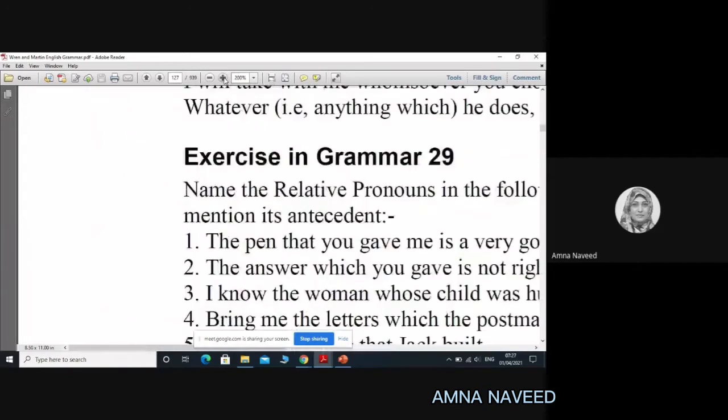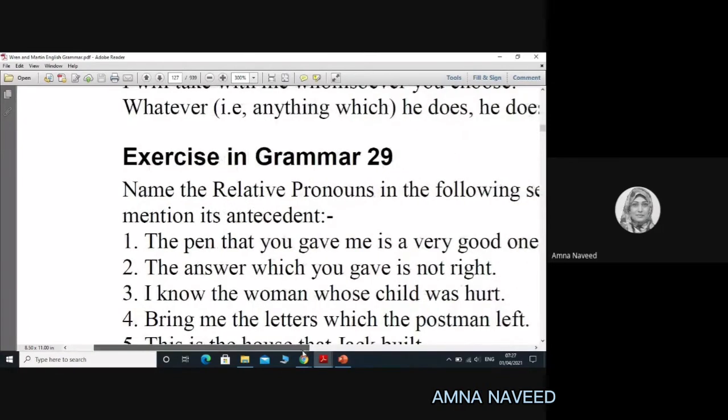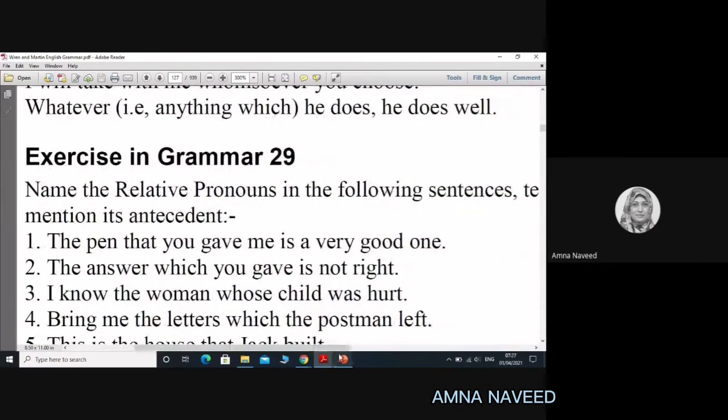Here it goes. So in this particular exercise, what you have to do is name the relative pronoun in the following sentences, and then mention its antecedent. We have already seen the definition of antecedent and a pronoun. So the first sentence is, the pen that you gave me is a very good one.